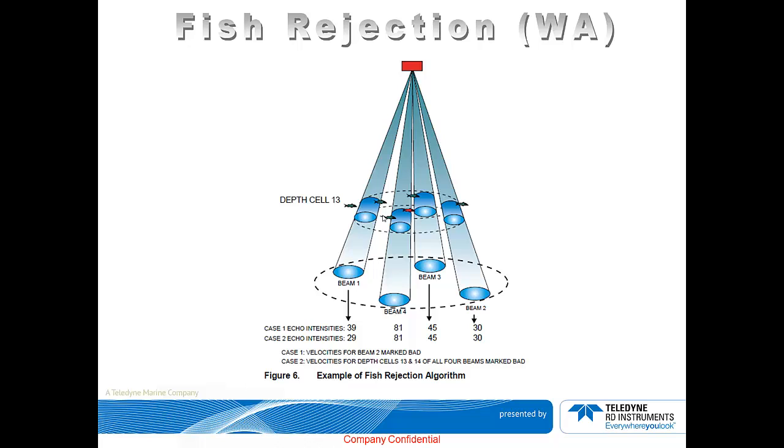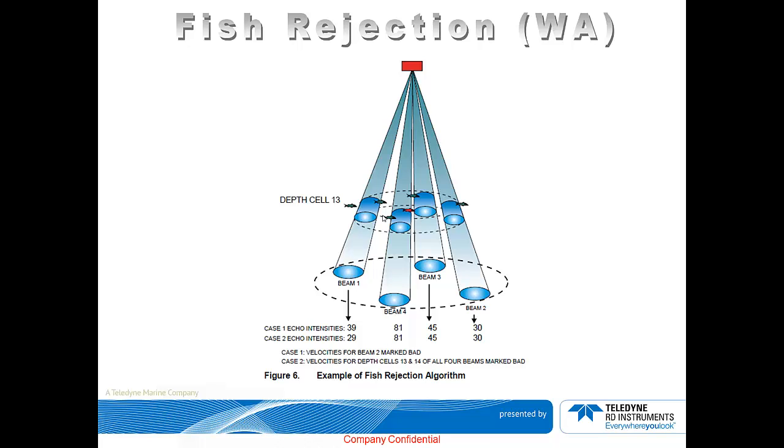Why is this parameter important? This parameter is important because we found out from the previous slide that one key assumption when doing water profiling is that the objects, such as planktons, that return the signals are moving along with the current.